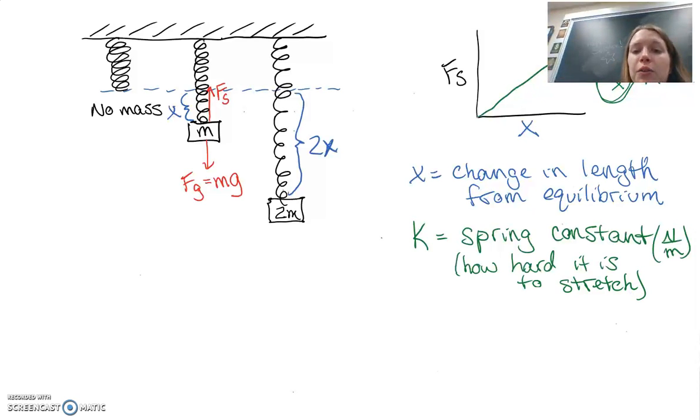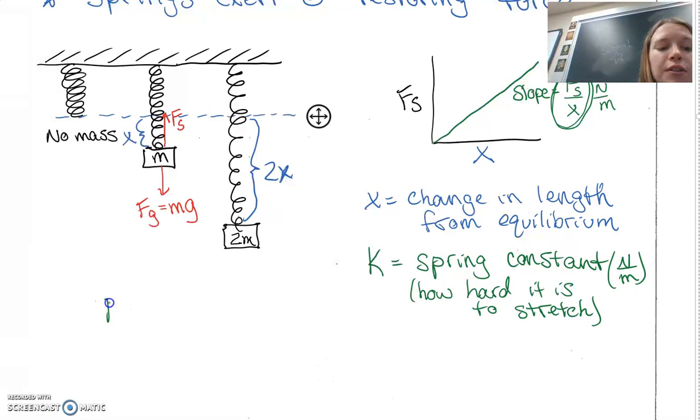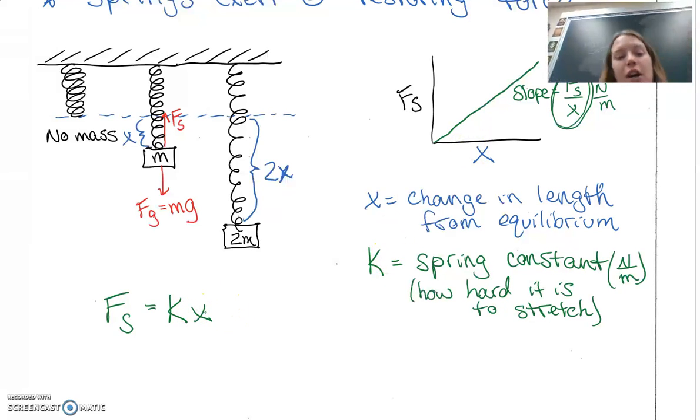From this graph and this recognition of the spring constant slope, we can derive the spring force equation. The spring force, that's the y, we're thinking about y equals mx. So y, the spring force, equals m, our slope, the spring constant k, times x, which is our x-axis, the change in length from equilibrium.